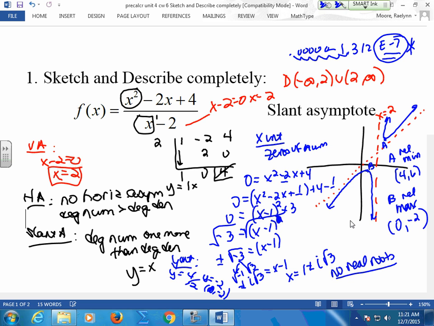And now we can do your range. Your range says, I'm looking at my y's. I'm coming all the way up from negative infinity. I have to stop at that y. What's that y? What's my relative max point? Negative 2. So from negative infinity to negative 2.